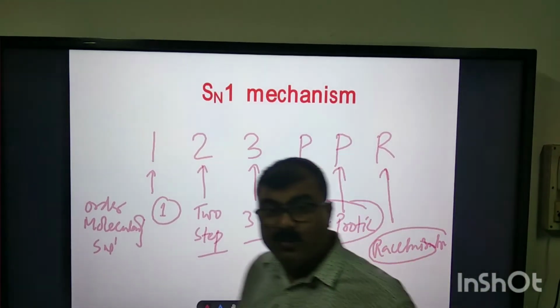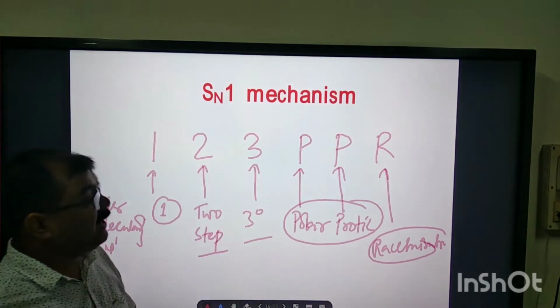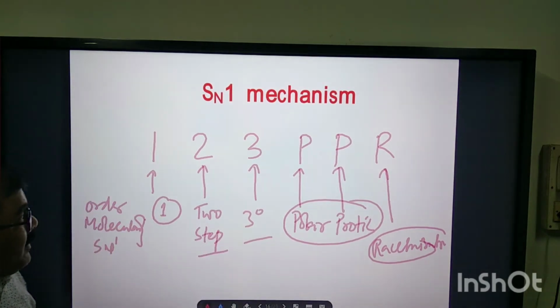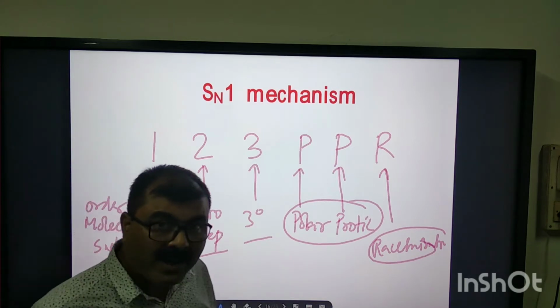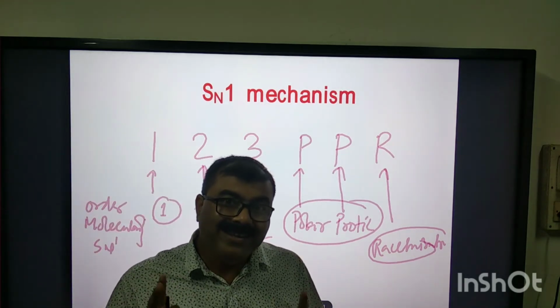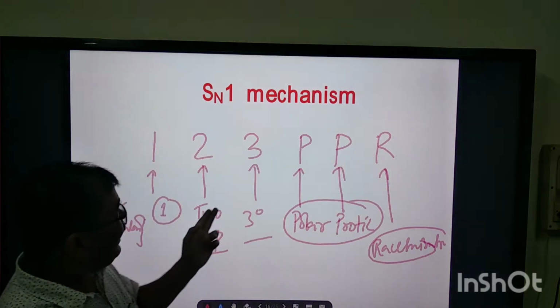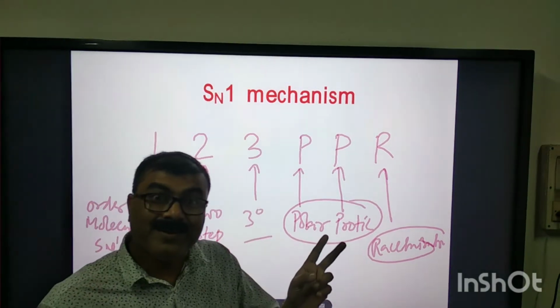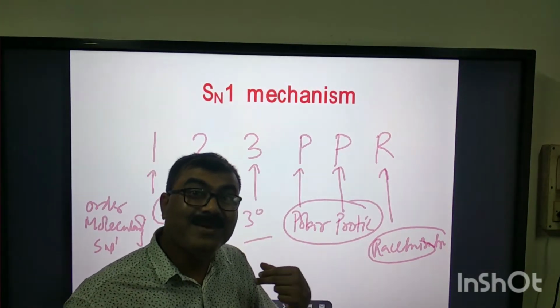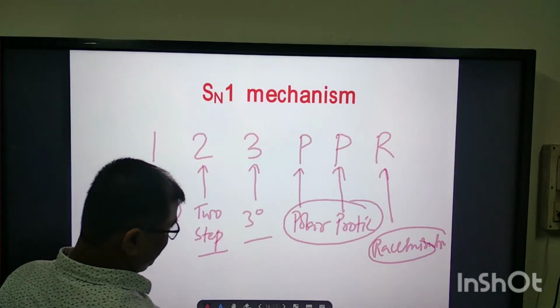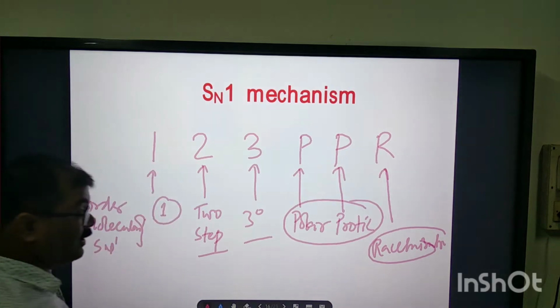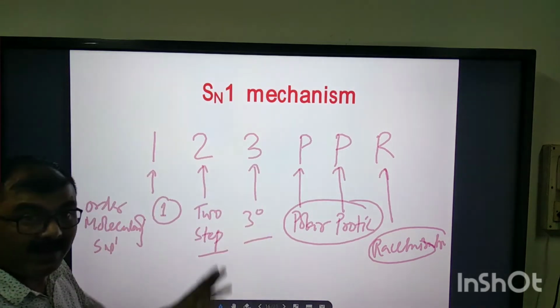All the aspects we will discuss one by one after writing the SN1 mechanism. But all the aspects and how to write the mechanism, you can easily remember by this particular code, or you can say password. Alright? Okay. Let's go ahead. You can take a screenshot of it, otherwise I will rub this.